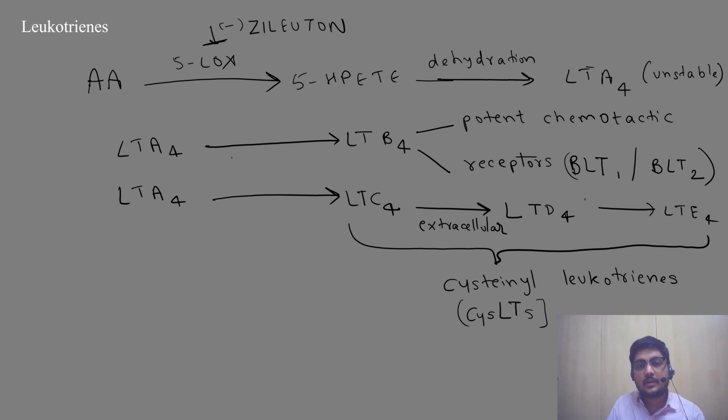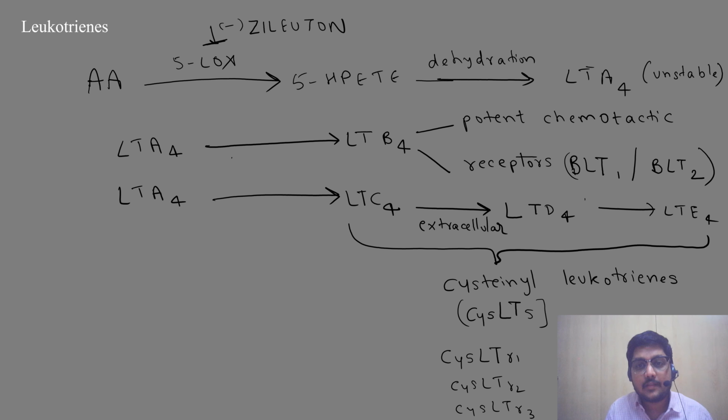What are the receptors for these leukotrienes, LTC4, LTD4 and LTE4? There are three types of receptors: CysLT receptor type 1, CysLT receptor type 2, and this is CysLT receptor type 3.